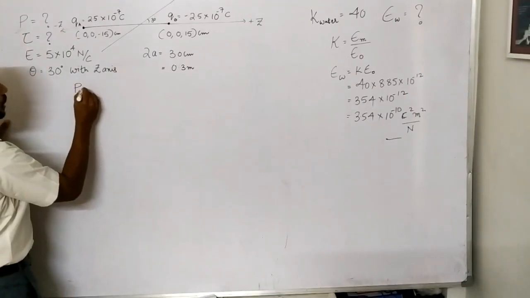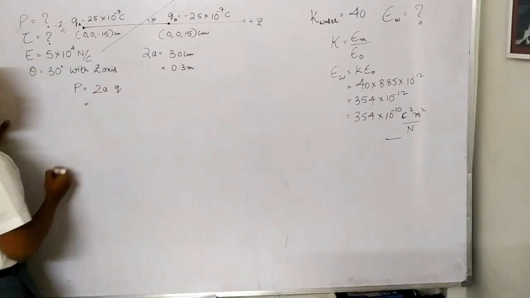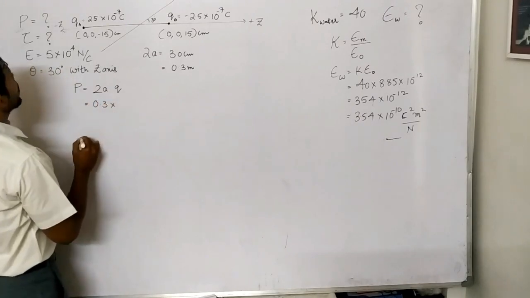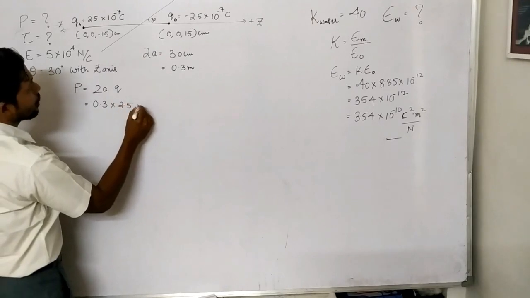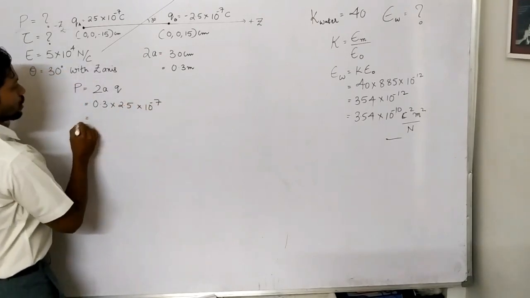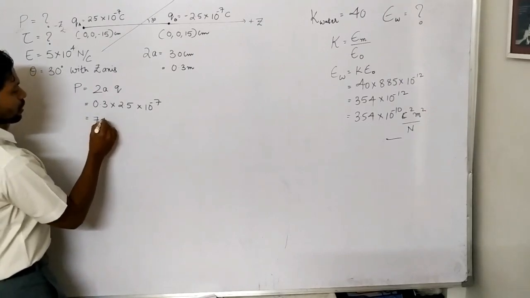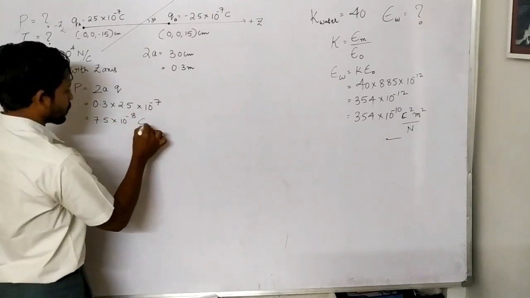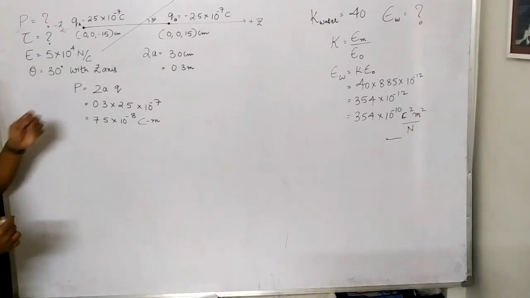We know that P is equal to 2AQ. 2A value is given 0.3 and Q value is 2.5 into 10 to the power of minus 7. So you are getting around 7.5 into 10 to the power of minus 8 coulomb meter. So this is the value for the dipole moment.